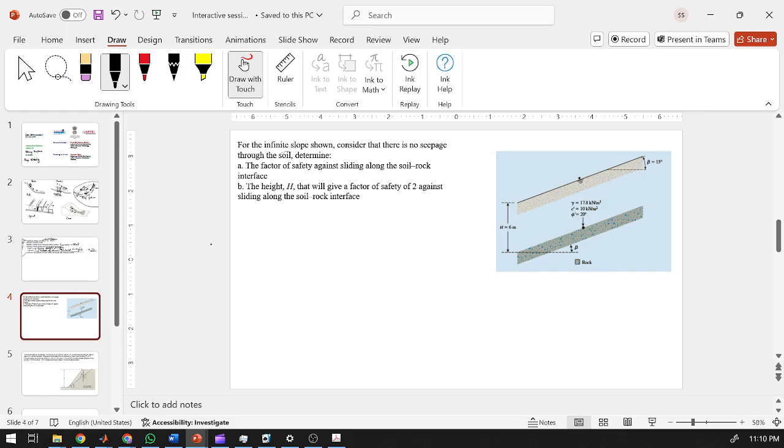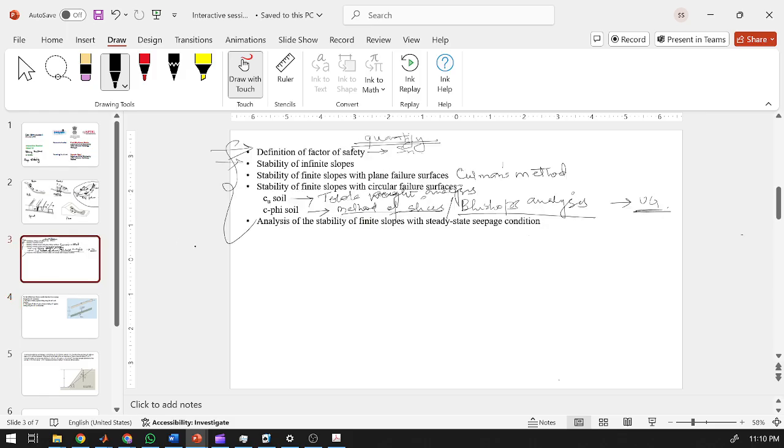In slope stability, as I mentioned, the main thing that we quantify the quality of the slope with is factor of safety. Factor of safety is simply, there are two kinds of definitions for factor of safety.